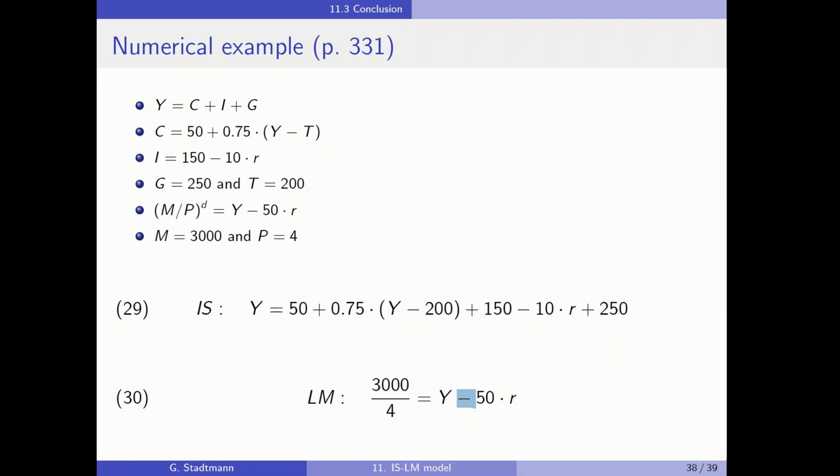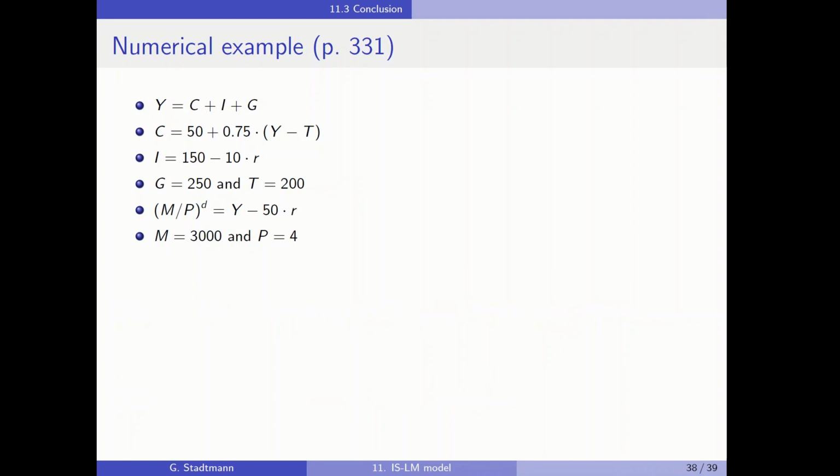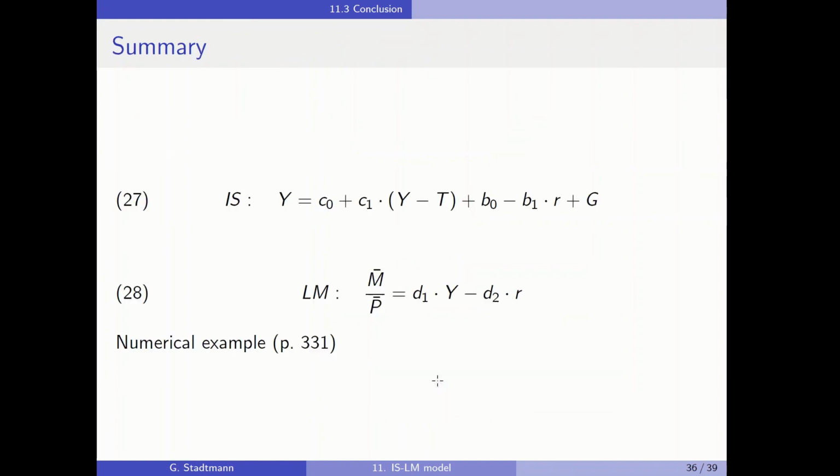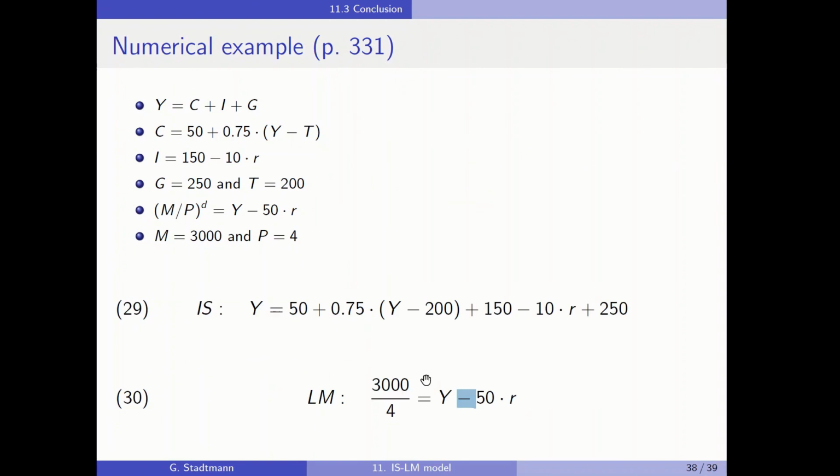So when we have two equations and two unknown variables, it should be possible to solve for the unknown variables, which implies that by these equations, we are able to solve for the equilibrium interest rate level and the equilibrium level of income. So this will be one task in your exercise class that you have to solve for the equilibrium interest rate and the equilibrium GDP level.